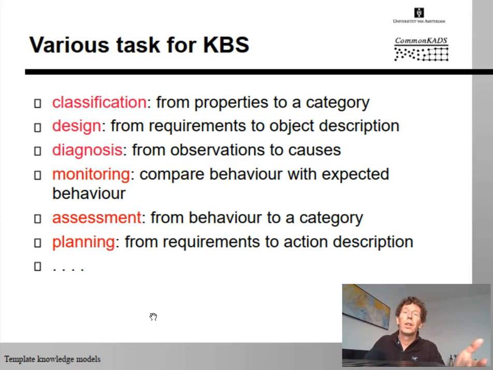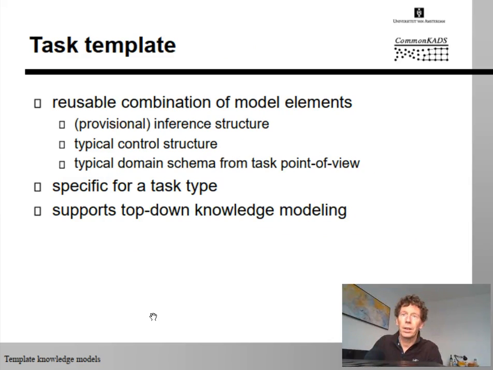And for each of these tasks, there are task templates of knowledge models. And each of these task templates are for such a specific task type, and they consist of reusable elements. So they consist of an infrastructure that you could start from. Very often you will see the need to change these infrastructures for your own sake, but at least it helps to start with one.